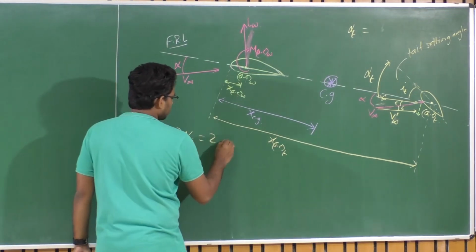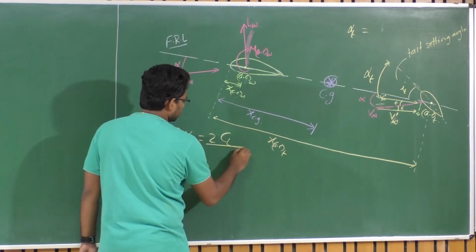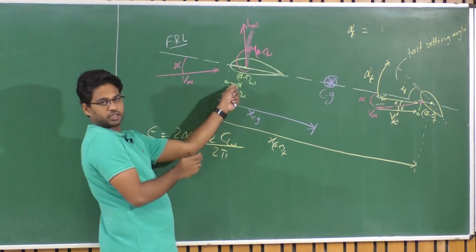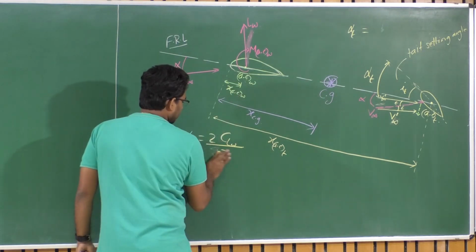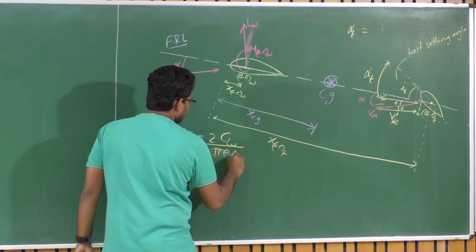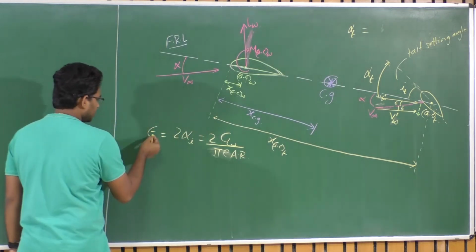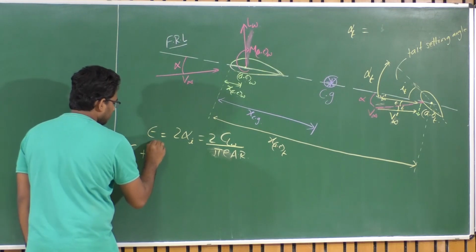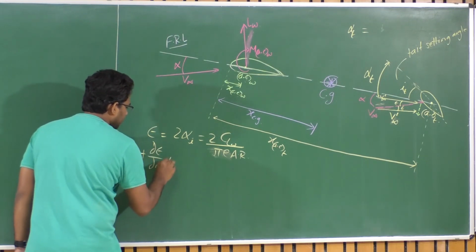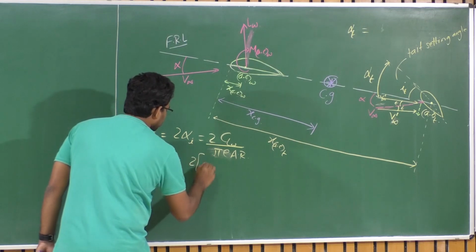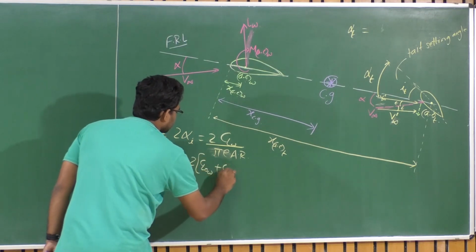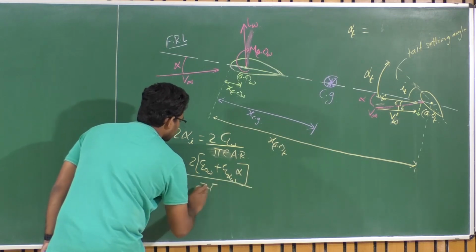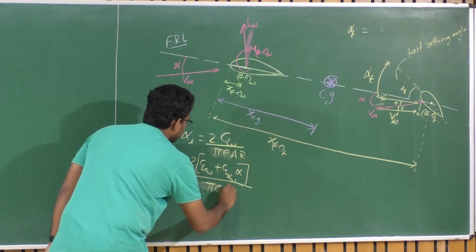This is 2 times CL upon CL of wing, right? Because this epsilon is because of the wing here. So 2 CL upon pi e AR, right? So this is how we generally estimate this. This can be expressed as a function of angle of attack. So epsilon equals dou epsilon by dou alpha times alpha plus epsilon naught, which is 2 times CL naught of wing plus CL alpha of wing times alpha upon pi e AR.